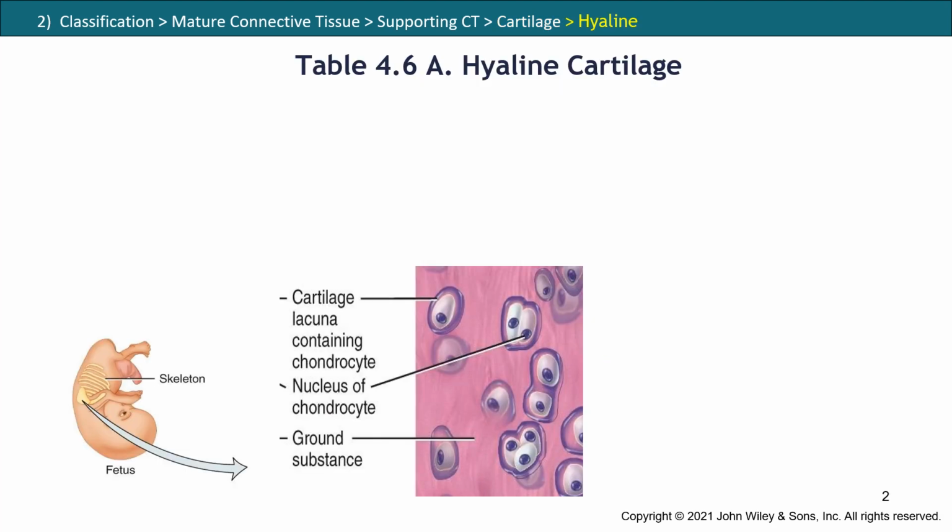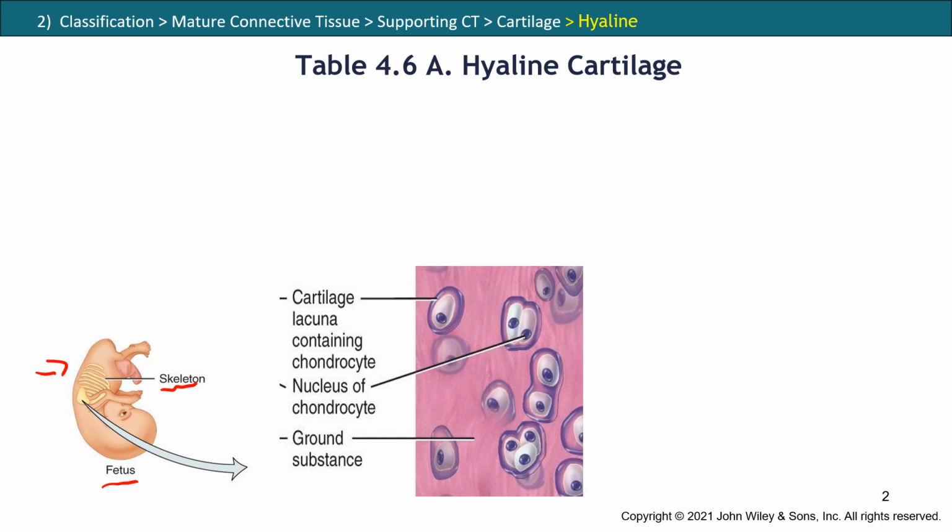So here you see a schematic of a fetus, and if you remember, although your skeleton in the adult stages is mainly formed by bones, in embryonic stages, in the beginning you are going to have cartilage that later will be replaced by bones. However, it doesn't mean that all the cartilage disappears.